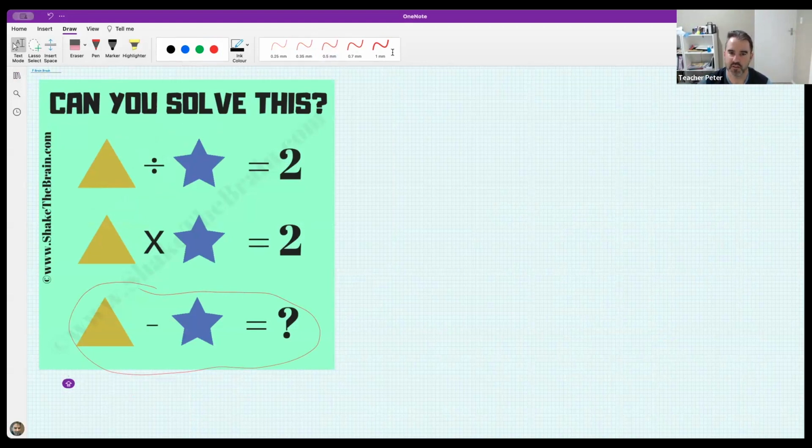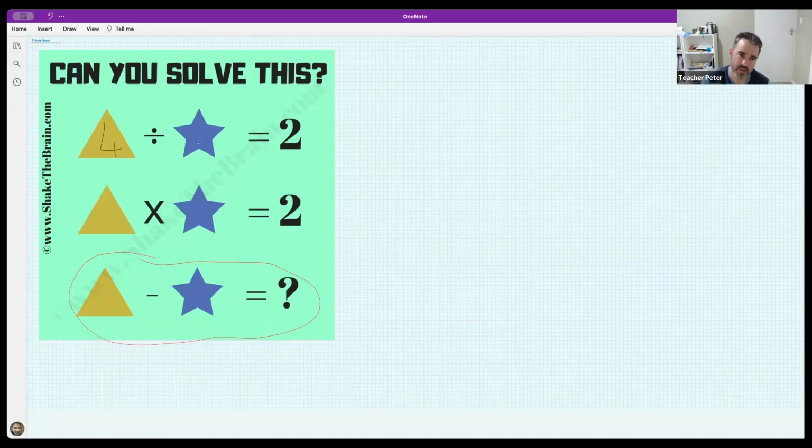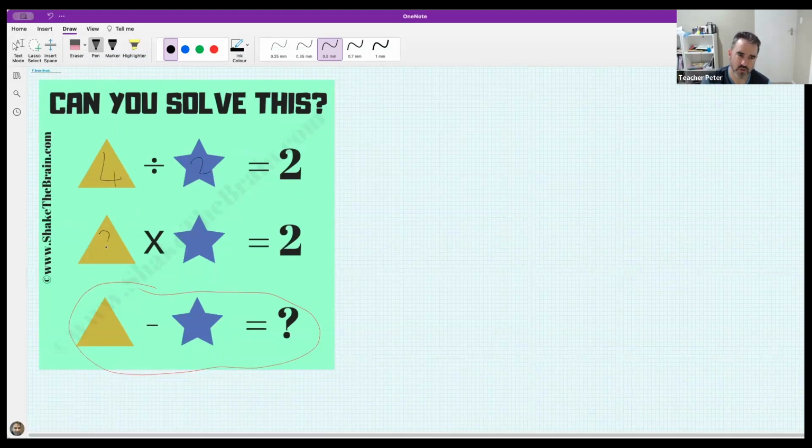What do we think it is? Oh, I see some messages coming in. So 4s and 2s are definitely involved. Well, if that was 4 and that was 2, if that was 4, no, but that wouldn't work. So it can't be 4 and 2. Maybe what it could be is 2 divided by 1 is 2, but 2 times 1 is 2.